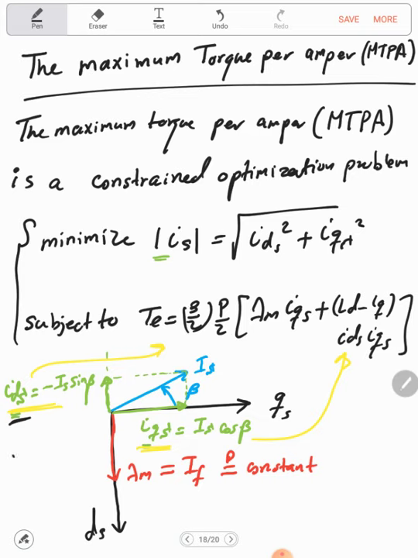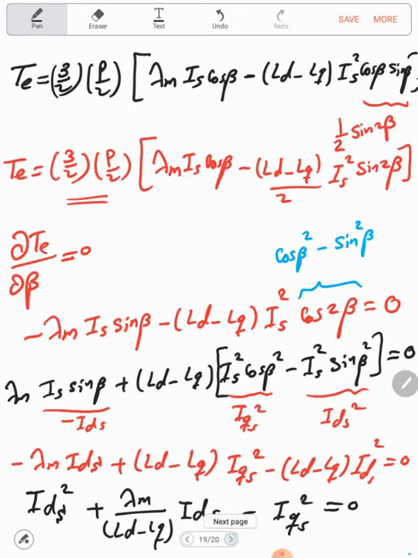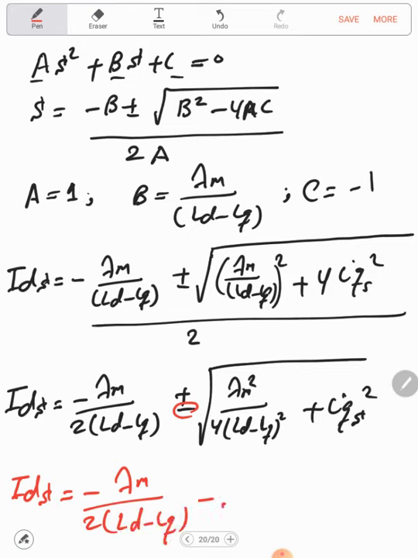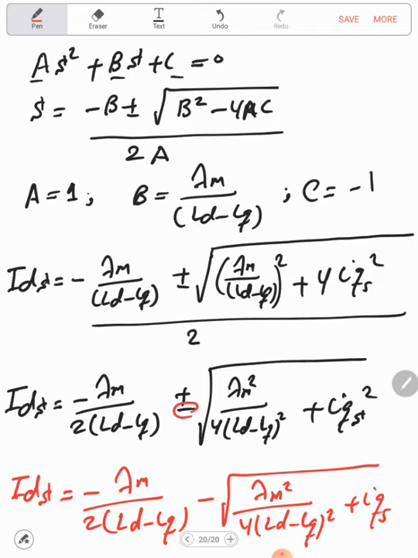So simply IDS must be less than or equal to 0. So for that I will take the negative sign here. So simply IDS for the maximum torque per ampere will equal to minus lambda m over 2 LD minus LQ minus the square root of lambda m square over 4 LD minus LQ squared plus IQS squared.